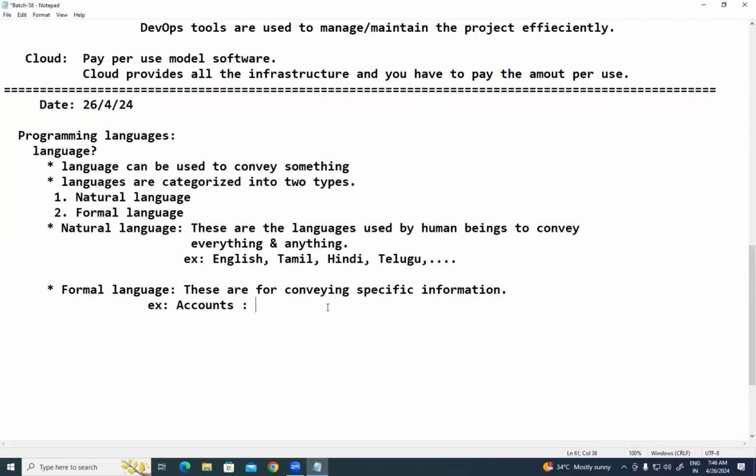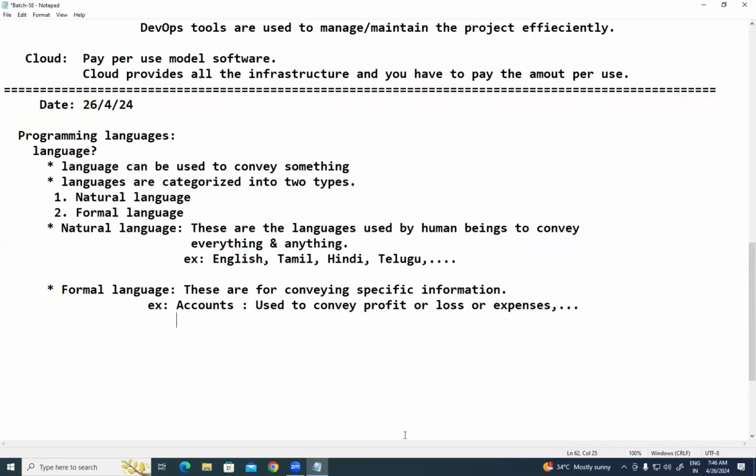So tell me, accounts are used to convey what? Profit or loss or expenses, etc. Folks, everybody, am I clear so far?